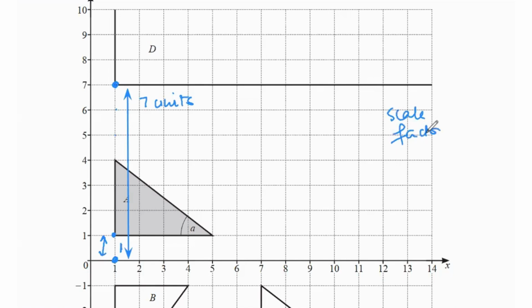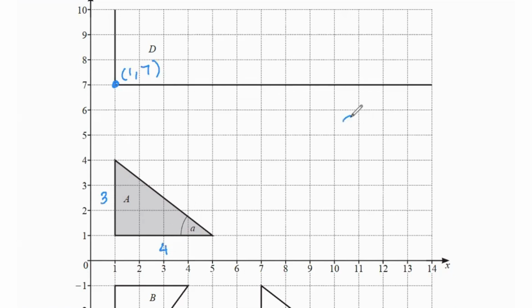Now, talking about the other vertices, this point over here is (1, 7). This length was 3 and this was 4. Since the scale factor is 7, this distance will increase by 7 times. So 3 times 7 is going to be 21. And this distance will increase by 7 as well, so 4 times 7 is 28.